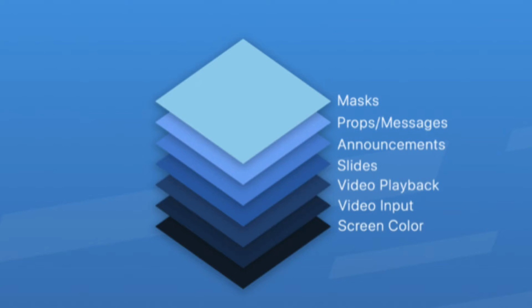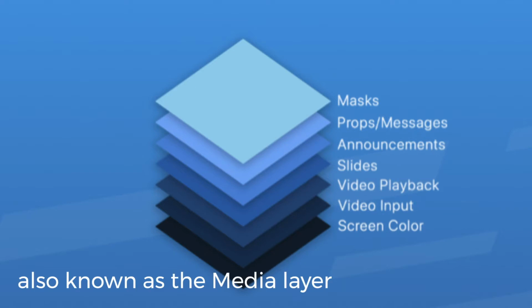So as you can see, there are quite a few layers, but the main ones that we're looking at are the video playback layer, and that takes care of any of the background videos, like the motion graphics that we have behind worship song lyrics, for instance. But that's also the same layer that takes care of foreground videos, which are things like pre-recorded prayers or pre-recorded Bible readings or anything like that.